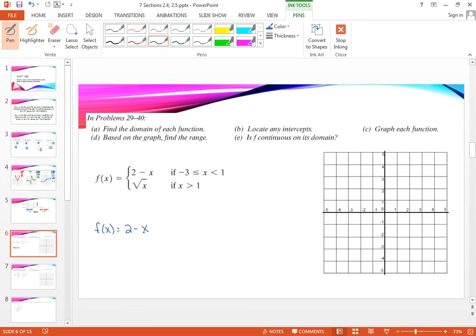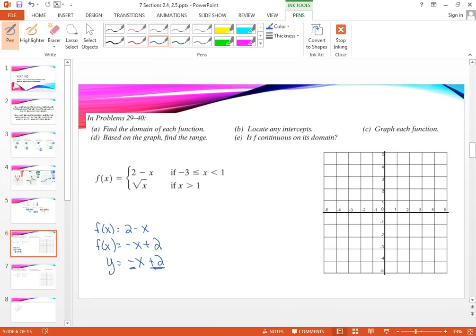Okay. Now, do you recognize what this is? How about if I write it this way? Now, do you see it? It's a line, right? We did a lot of stuff with lines. So you should know your y-intercept. You should know your slope. So the y-intercept is 2.